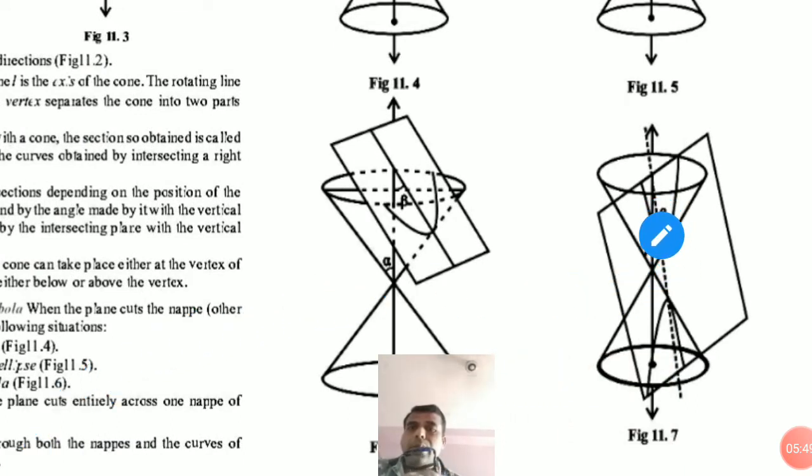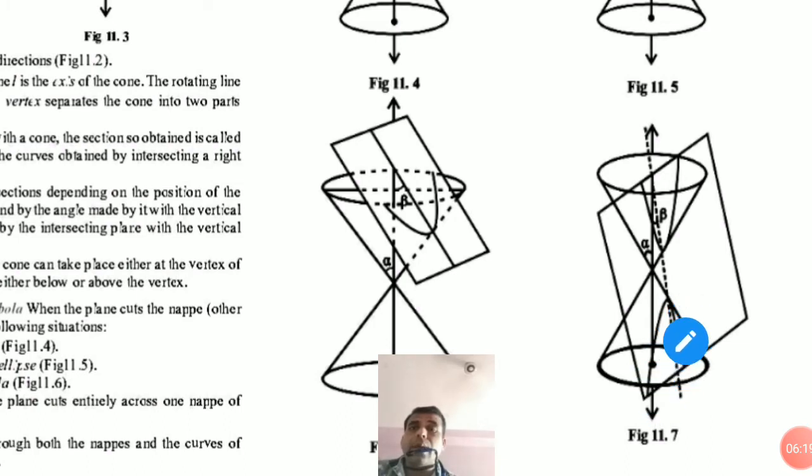This plane will cut both nappes, the upper nappe and the lower nappe. The section you will find is the hyperbola, when the plane cuts both nappes. It will intersect both nappes, so the hyperbola is in the upper nappe and also in the lower nappe.